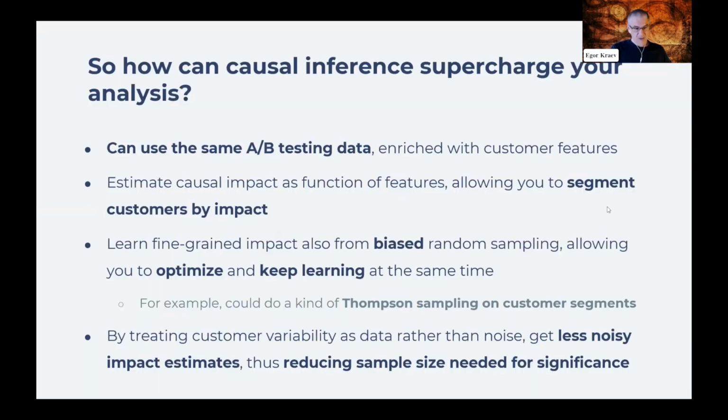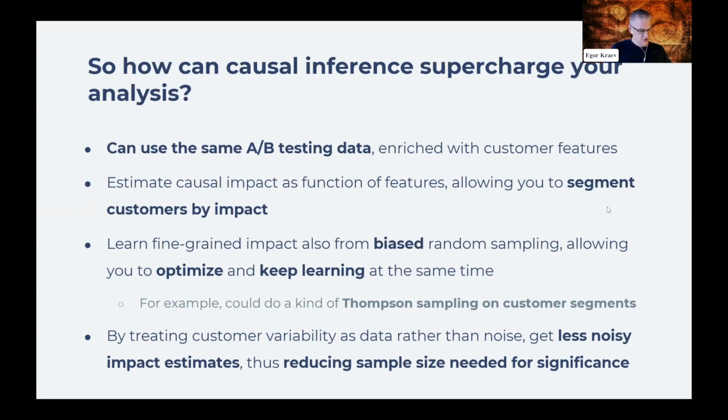Right. So to summarize, just a couple of the highlights of why I think this is useful and this is fun. You can use this for A/B testing specifically. You can use exactly the same data from the tests you're already running or have run, just enrich it with customer features.